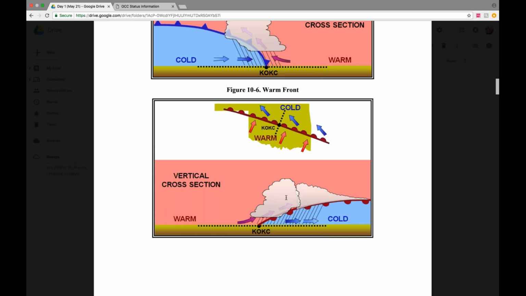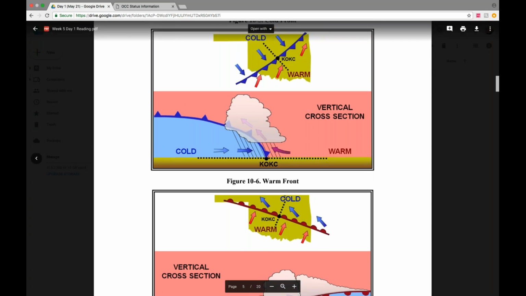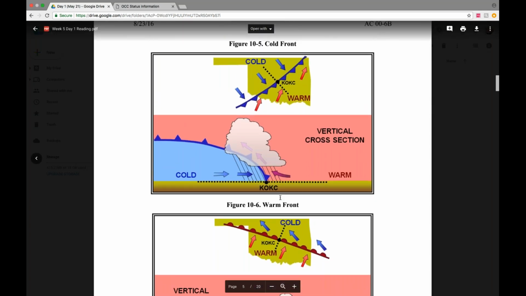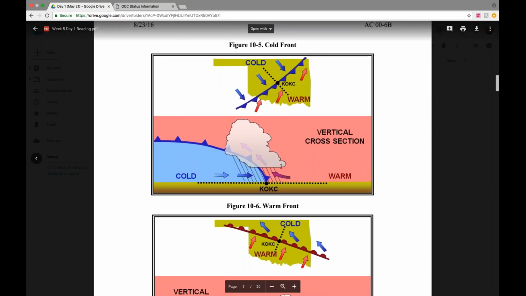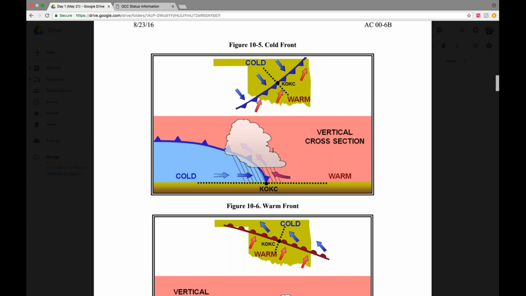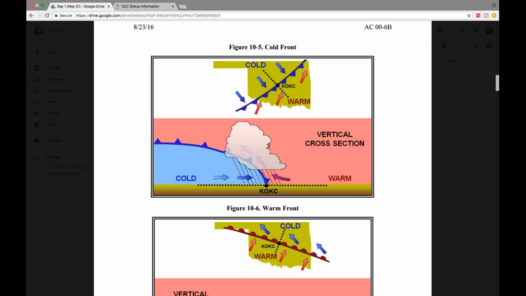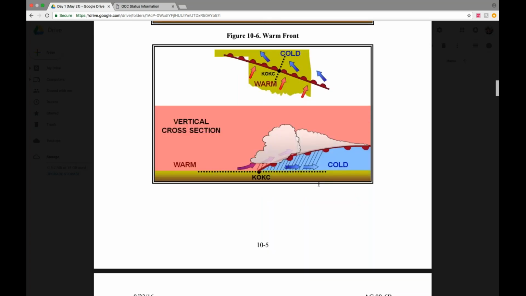It's much more stable. So that's the correct term for it, stability and instability, right? It makes a lot more sense. Yeah, the cold fronts are much more unstable than the warm fronts.